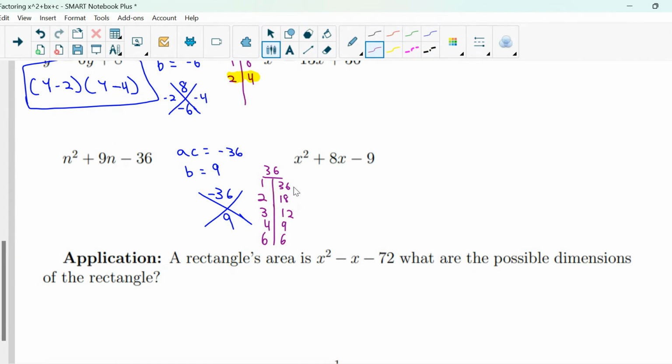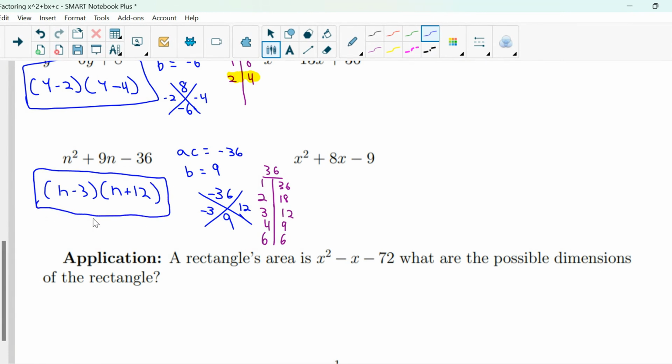So -1 plus 36, well, that's not 9. -2 plus 18, that's not 9. -3 plus 12, well, that's 9. So our two factors are -3 and 12. So now let's write out our factors. We would have n minus 3 times n plus 12. Once again, if you wanted to check your factors, you could FOIL them together.